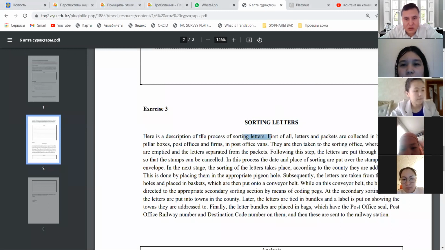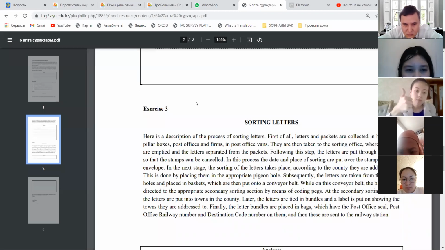Listing signal words. First, then, following this step, in this process, also, the next stage, at the secondary sorting frames.